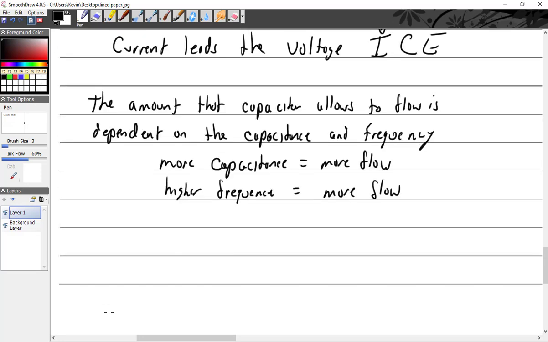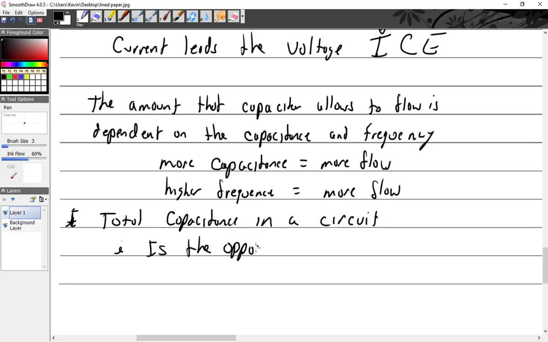All right, how do we figure capacitance in a circuit? Assuming you're going to get the formula, total capacitance in a circuit, it's kind of a bigger C. This is the opposite of resistors in a DC circuit, or actually the opposite of resistors and inductors.